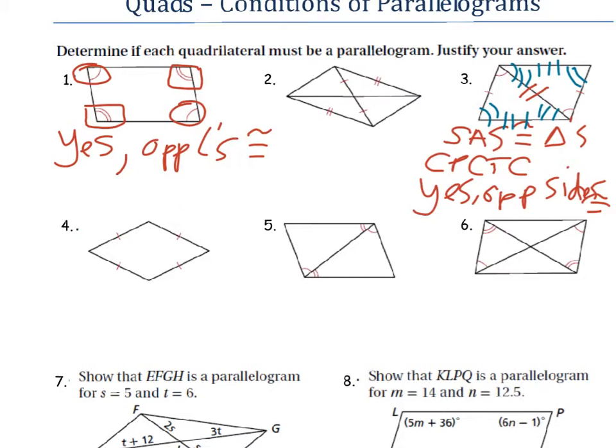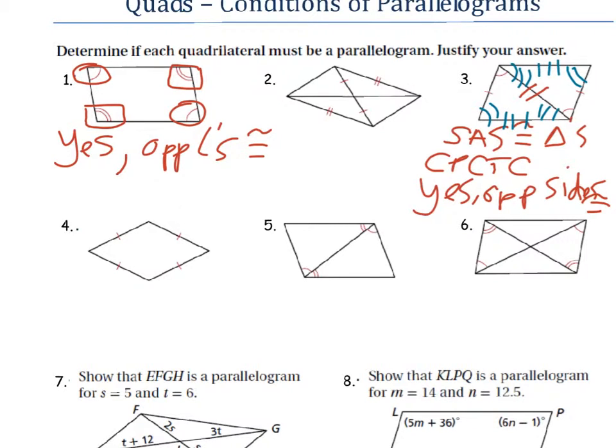Number 5. I look and see I have a pair of angles here. Well, they make a Z shape. Those are alternate interior angles. If I look at my single ones, those are also alternate interior angles.